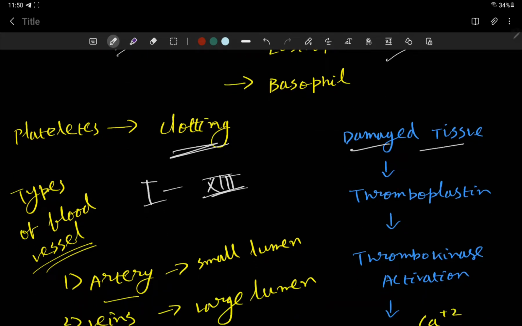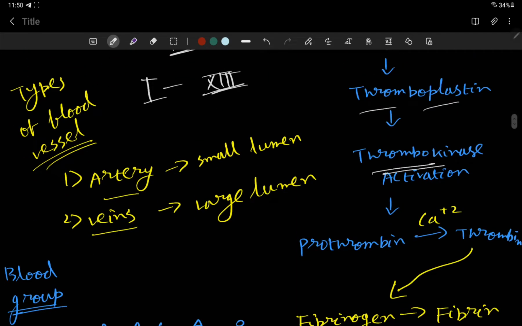When a tissue is damaged in our body, it will release a certain chemical called tissue thromboplastin. This tissue thromboplastin will activate an enzyme that is present inside our serum, called thrombokinase. This thrombokinase, with the help of Ca2+ or calcium ions, will convert prothrombin, a clotting factor, into thrombin, which is the activated form of prothrombin.